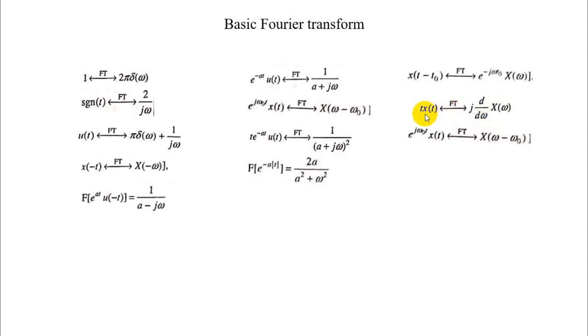So if you need to transform t x of t, where x of t would be any function or signal, then just differentiate X omega, and X omega is the Fourier transform of x of t.